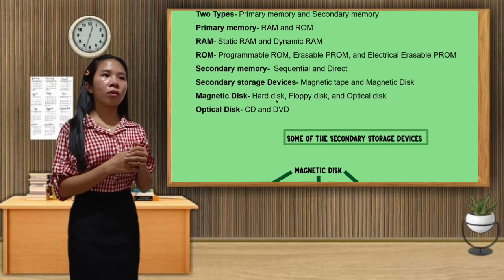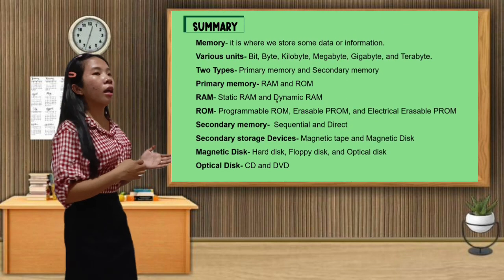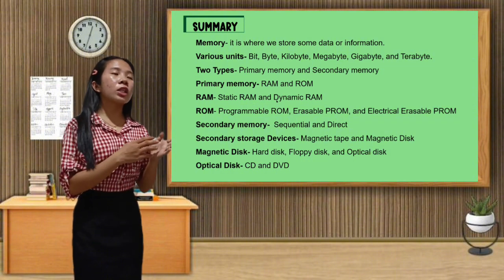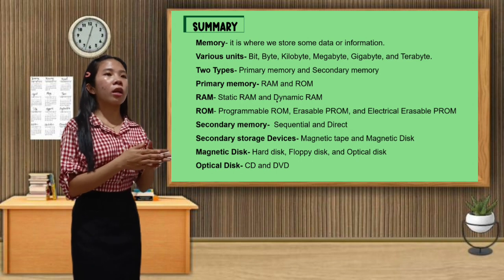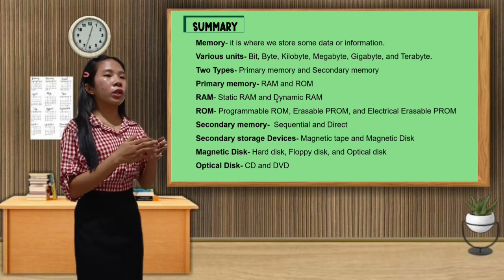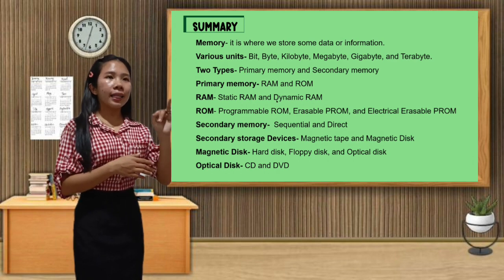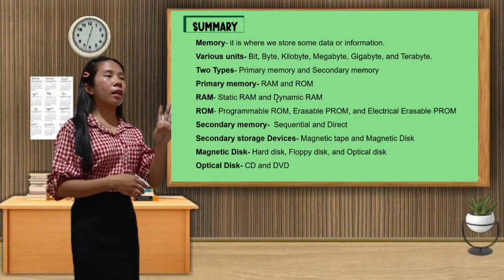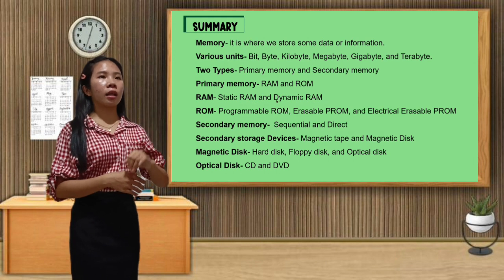So in summary, memory is where we store some data or information, and there are various units, which are the bit, byte, kilobyte, megabyte, gigabyte, and terabyte.